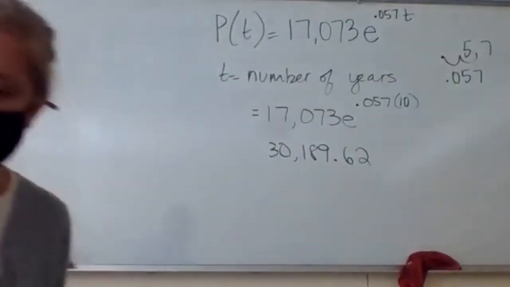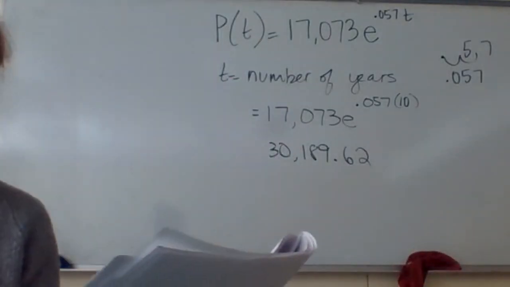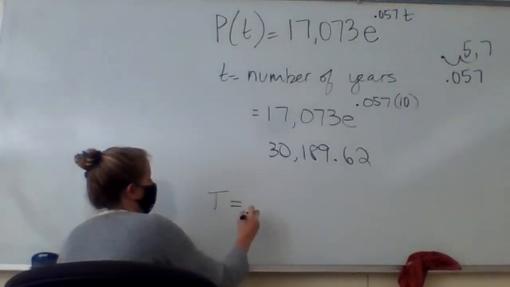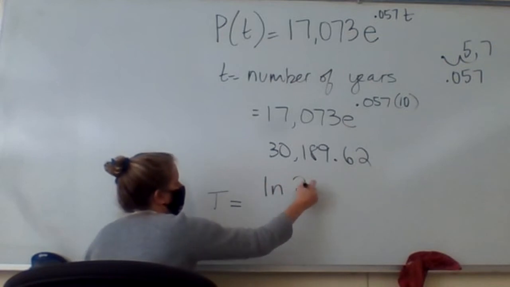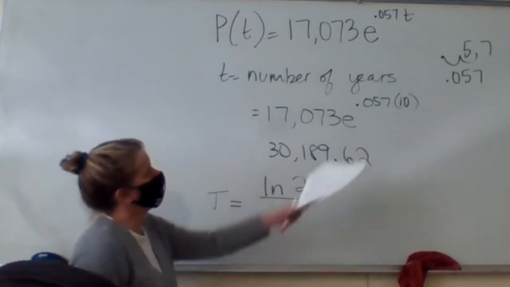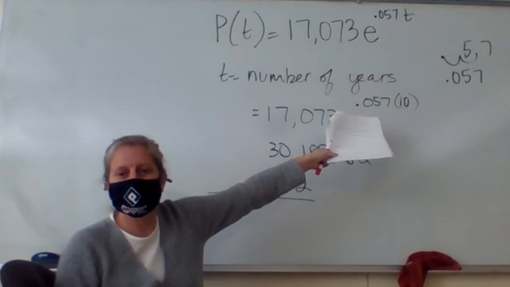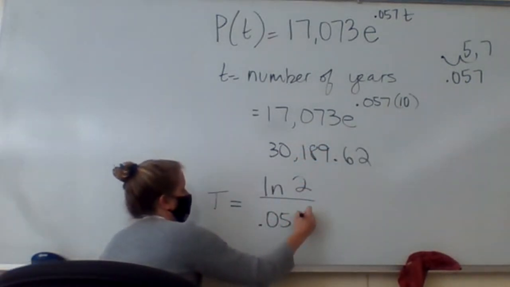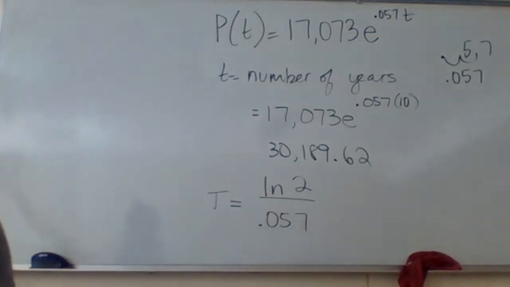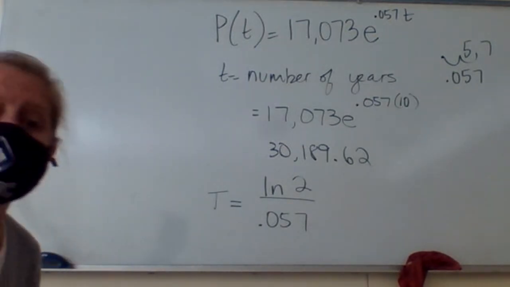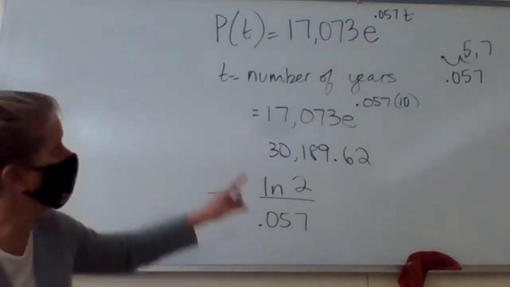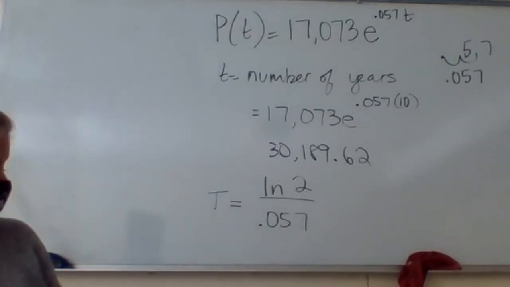Now, the last part of this problem says the doubling time is blank years. To find the doubling time, you're just going to do ln of 2 over your interest rate written as a decimal, 0.057, which is going to tell you how fast your money is going to double at this interest rate compounded continuously.